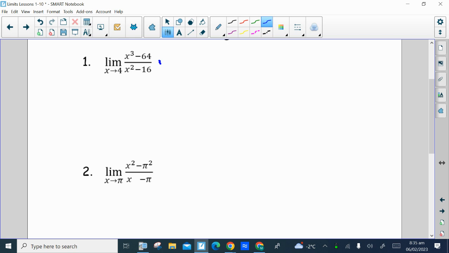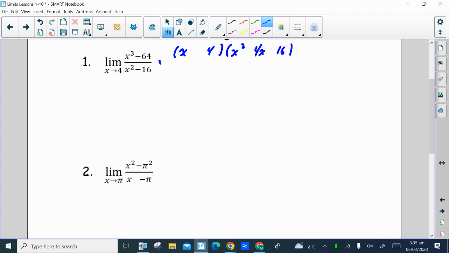So the numerator is a difference of cubes, because you can take the cube root of both x cubed and 64, and there's a minus sign in between. The cube root of x cubed is x, the cube root of 64 is 4. That gives you the terms of the binomial. The terms of the trinomial are found by squaring the x, multiplying the 4 and the x together, and squaring the 4.